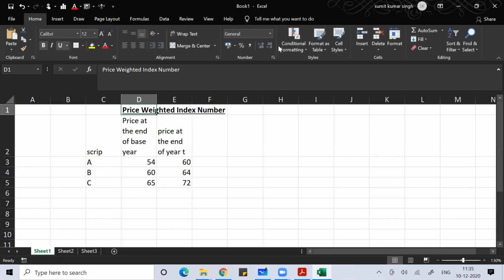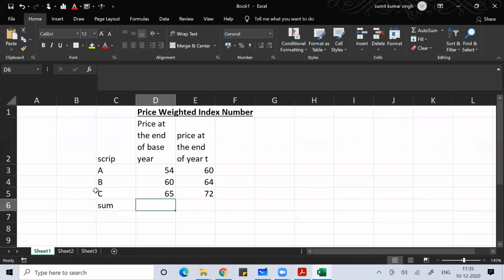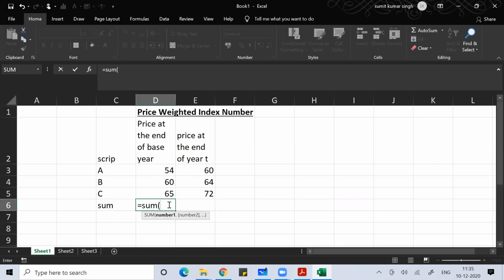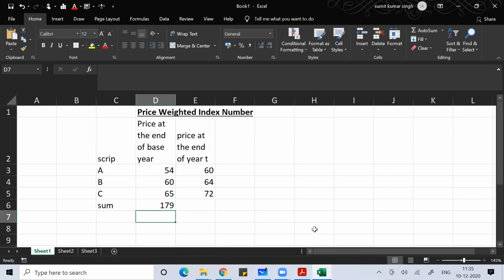Here we will consider only one factor, that is the price. So do the sum.